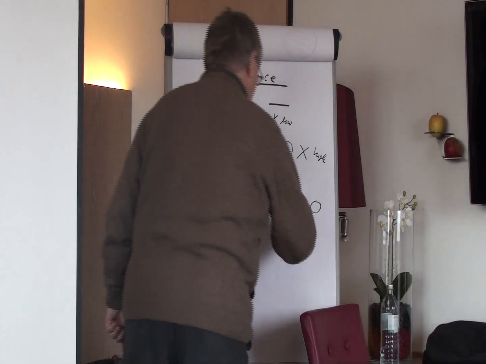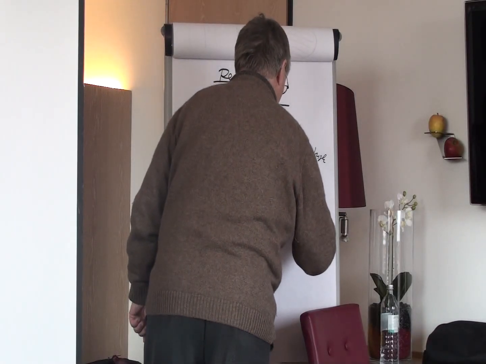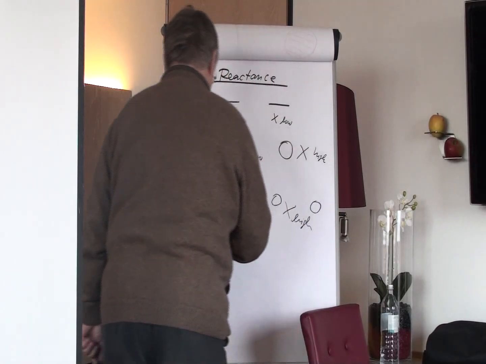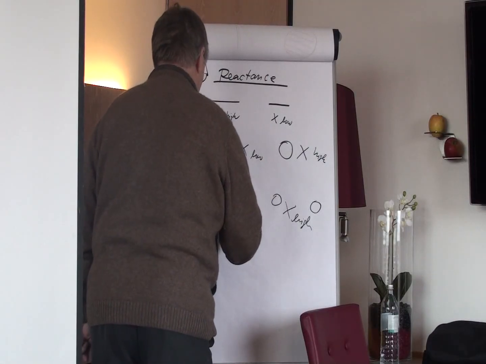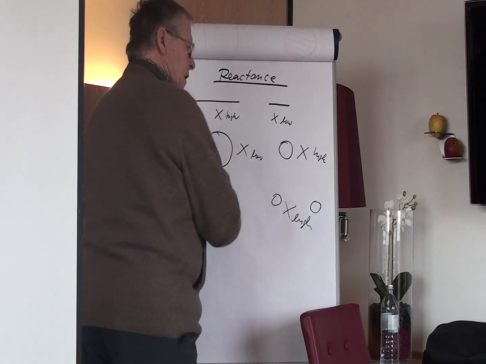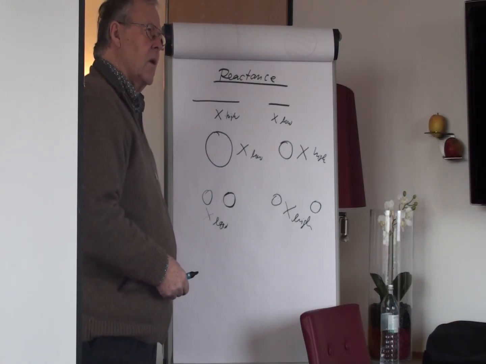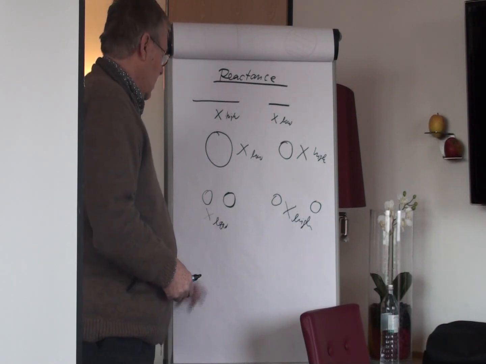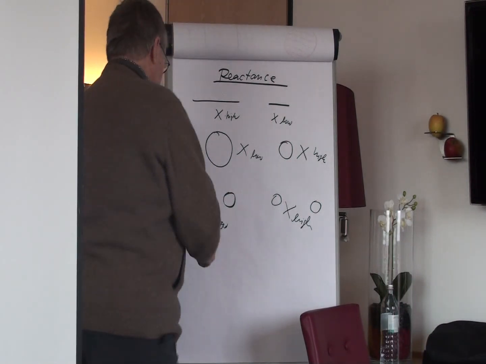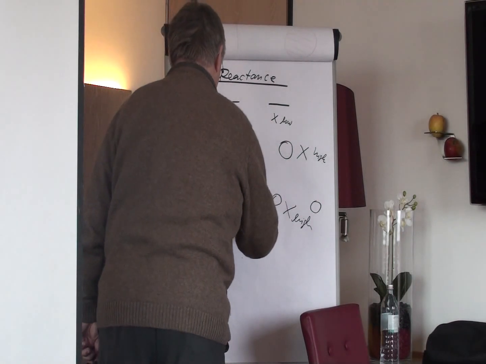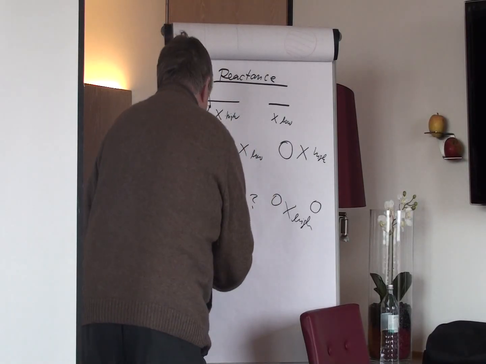This must be higher and this must be low. If the distance is very small, the reactance may be low. Is that correct? Okay, I do not know if there's a mistake. I will ask Mr. Adas.